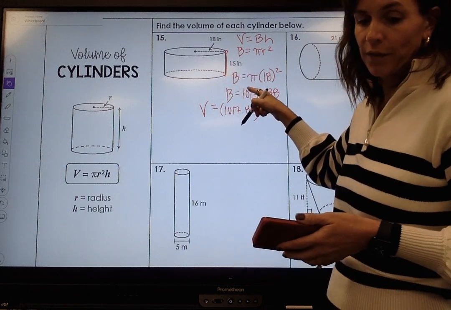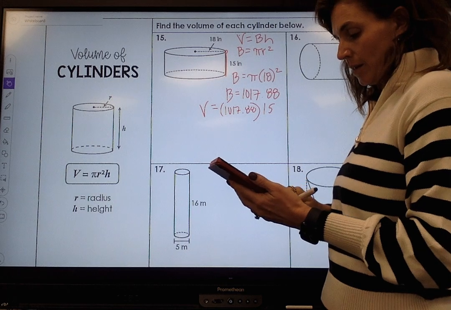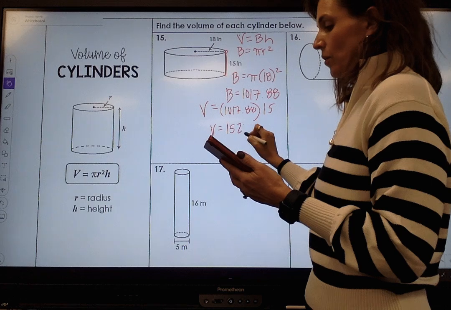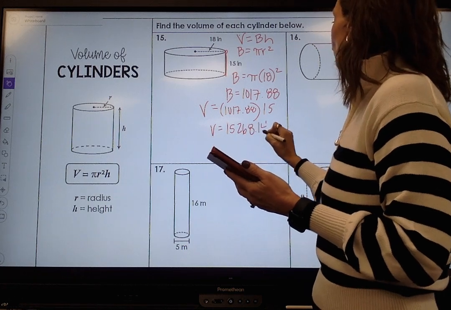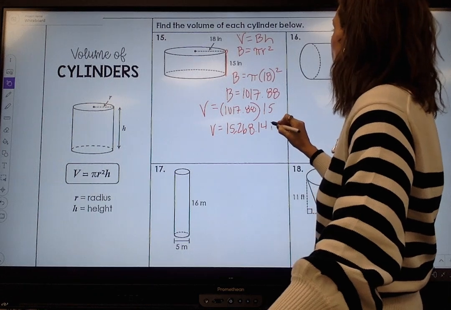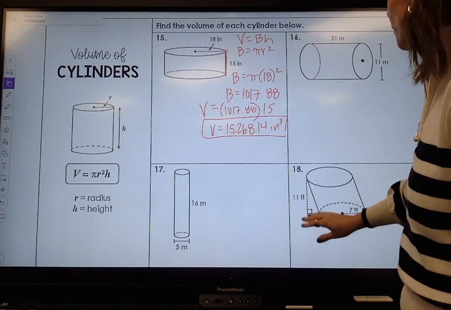So in this case, it's 15. And I get 15,268.14 inches cubed. Okay, so that's my volume there.